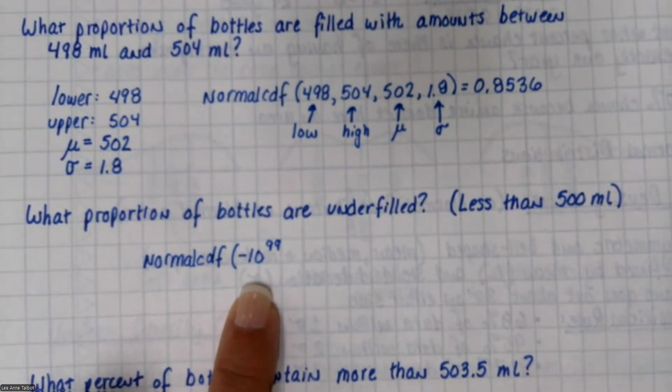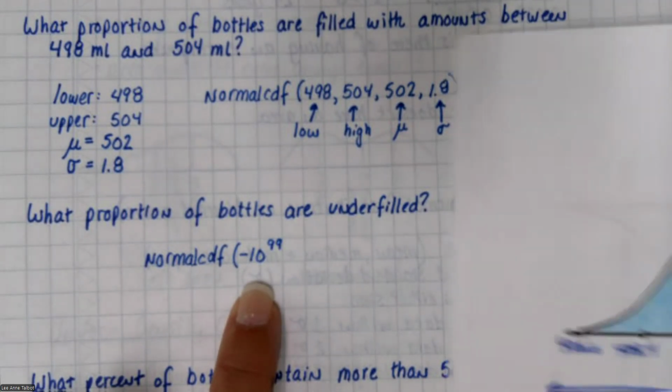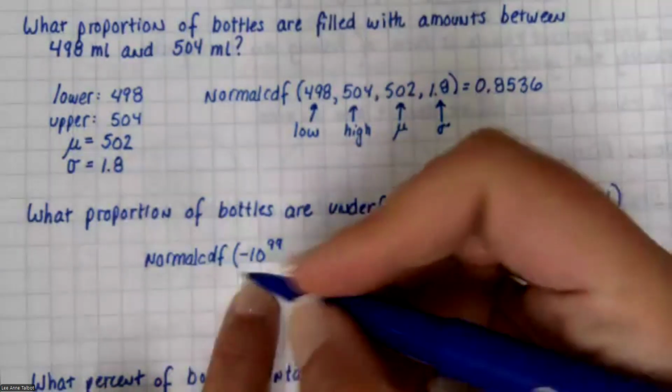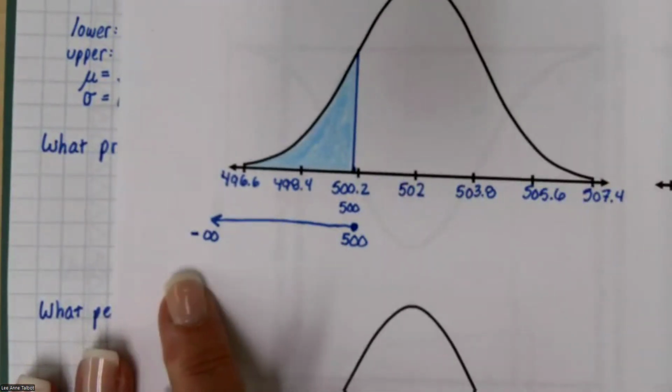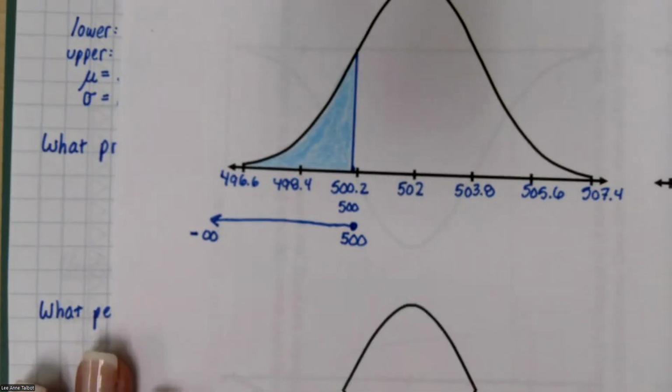It gives us a close enough estimate to be able to get our decimals correct. So when you guys have infinity or positive infinity or negative infinity, you're going to put negative 10 to the 99 in the calculator. Okay, so that's the low. So looking at my ray here, that's the low, that's the high. Can you tell? Okay.